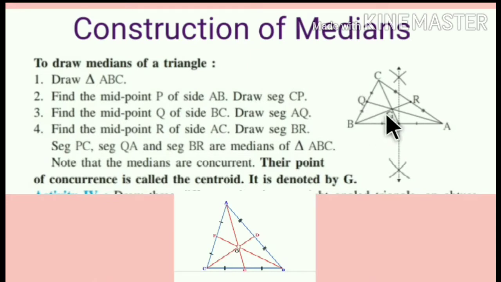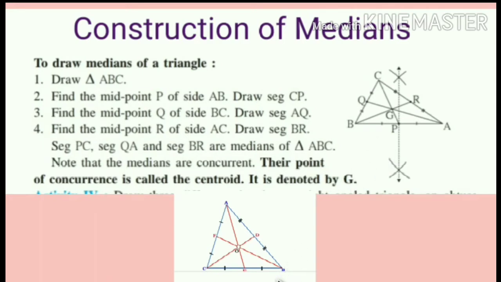And here is the point of concurrence, which is called the centroid, denoted by G. So like this we can construct the medians.